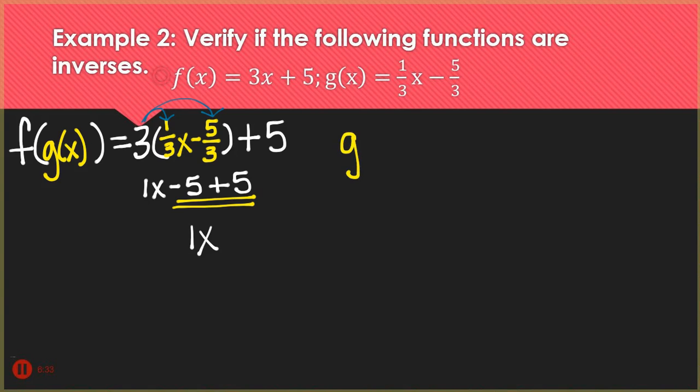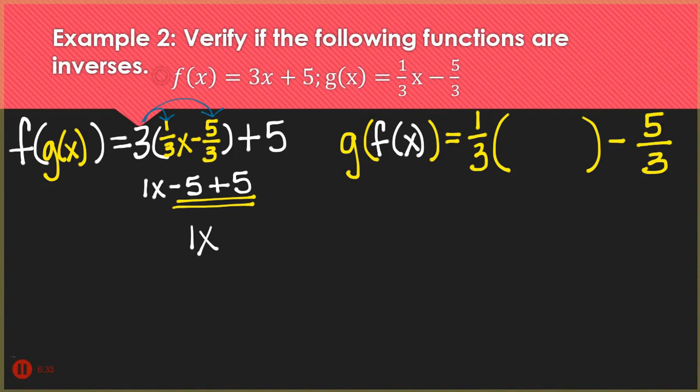Now, taking my g function, I'm going to drop in my f function. And my g function said 1/3 times something minus 5/3. And the something is f of x. So we're going to transfer that 3x plus 5 right in here. So we're going to distribute the 1/3, or divide by 3.